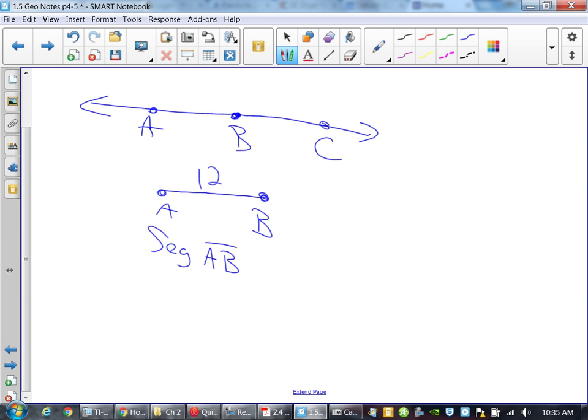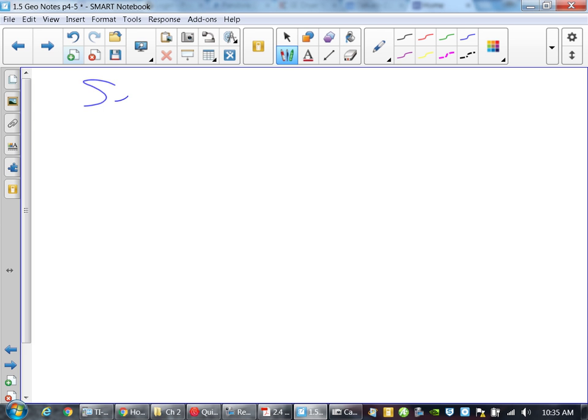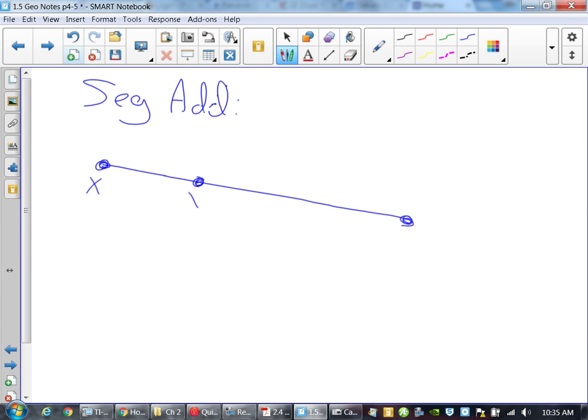Segment addition basically told you the following. Two smaller segments add up to equal a larger. So if this is 8, this is 19.